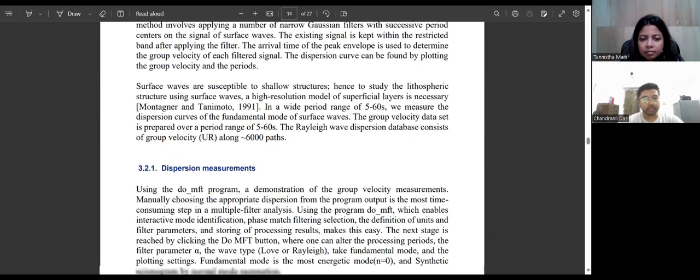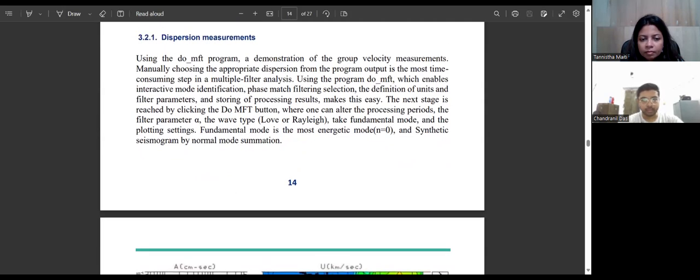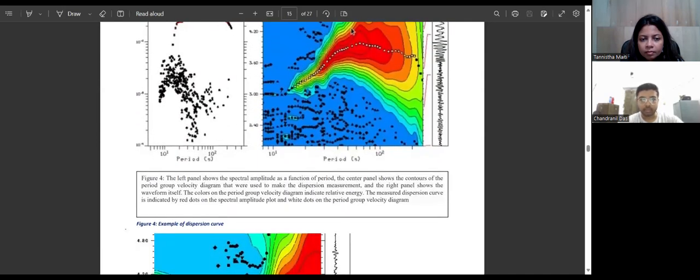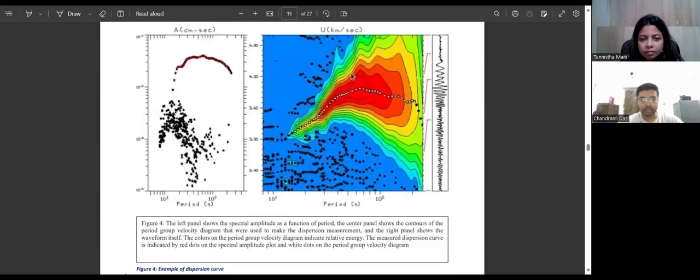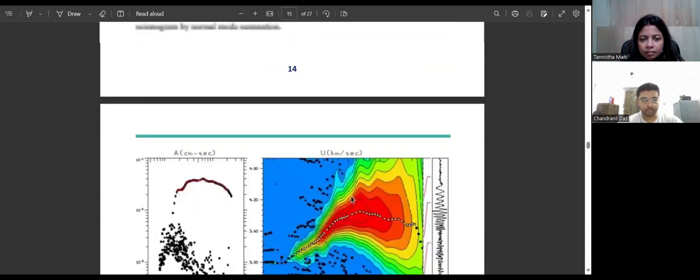The mode that we took was n equal to 0, because that is the fundamental one. I think I haven't mentioned it on the screen; it would have made it more clear, but I missed that.